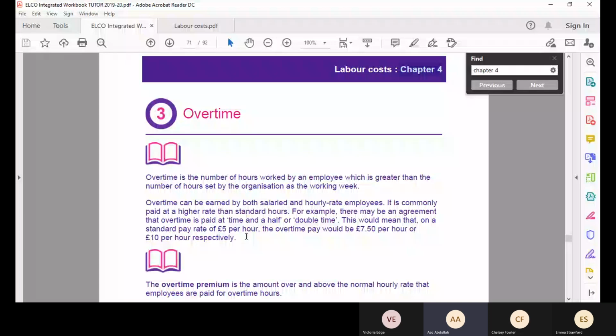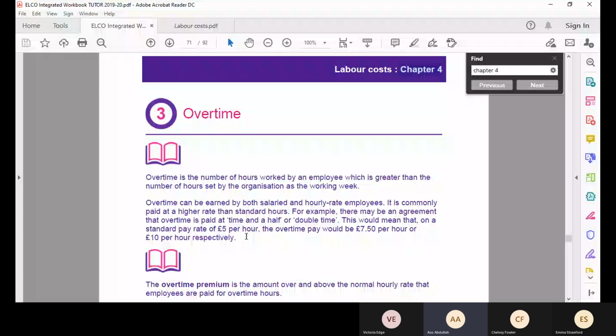Okay, so you need to be careful in the exam. Say, for example, the exam says your contracted hours are 35 hours and you're working 40 hours that week, and the basic rate is £10, and any overtime is going to be paid at 1.5.